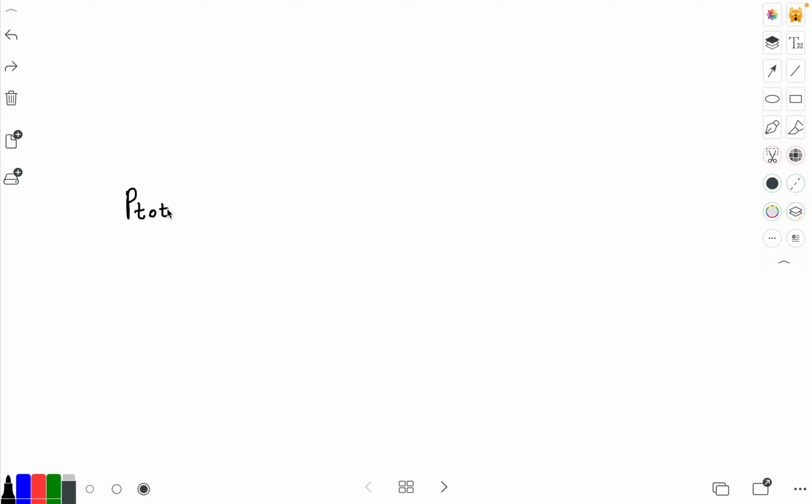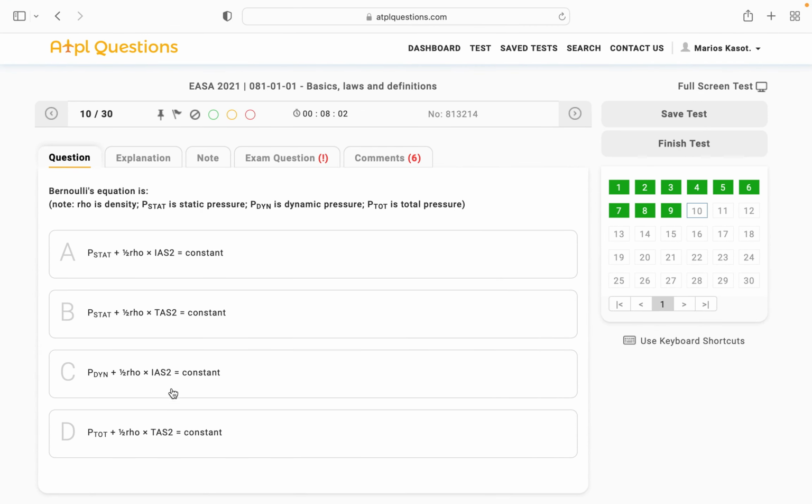Total pressure equals static pressure plus Q, which is dynamic pressure, and Q equals 1/2 rho v squared. So we're looking for something like this. Let's see the possible answers.